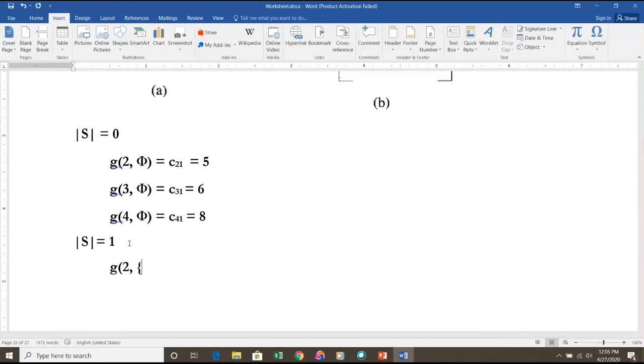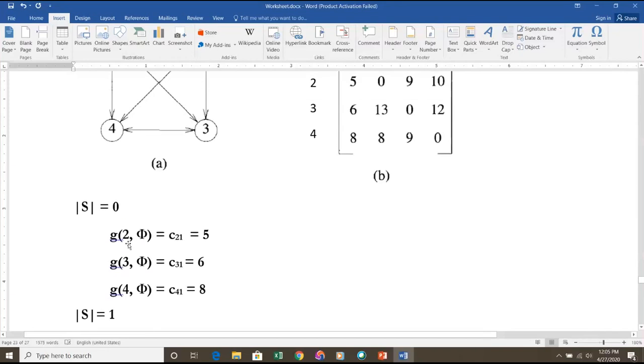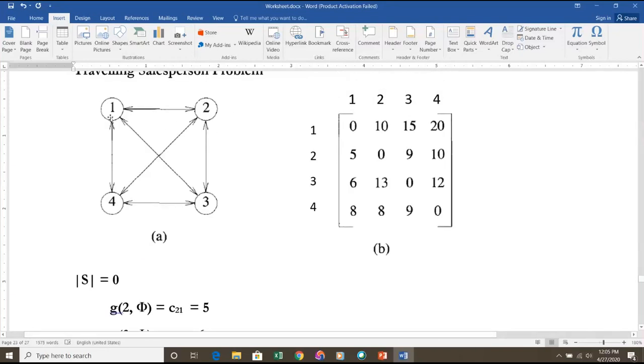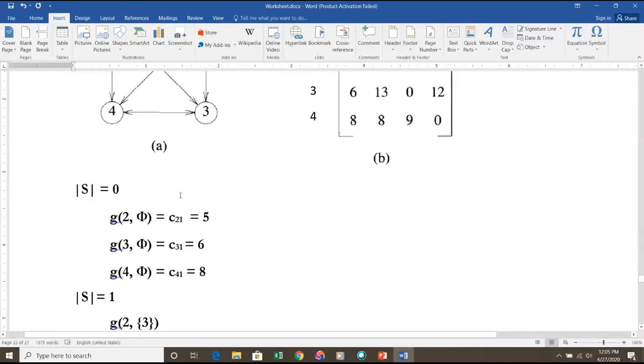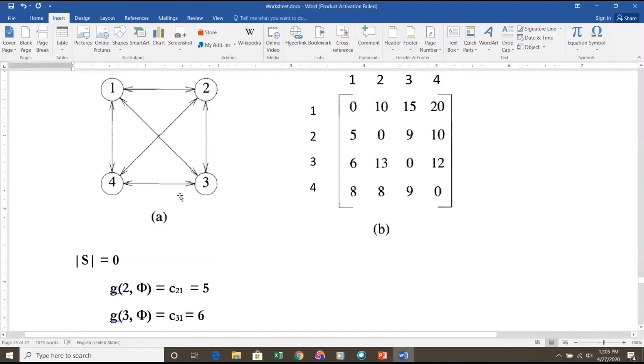When there is only one vertex, starting from 2, it can reach 3, one option. Starting from 2, it can reach 4, other option. Because this contains one vertex to every other vertex, there is an edge.